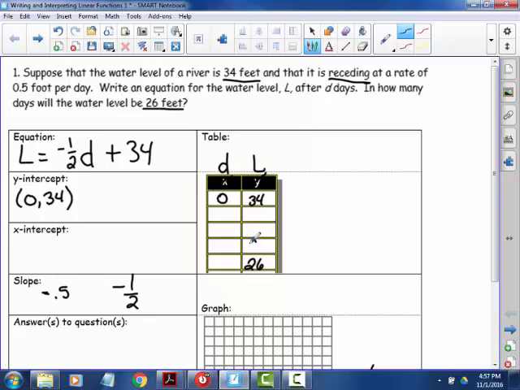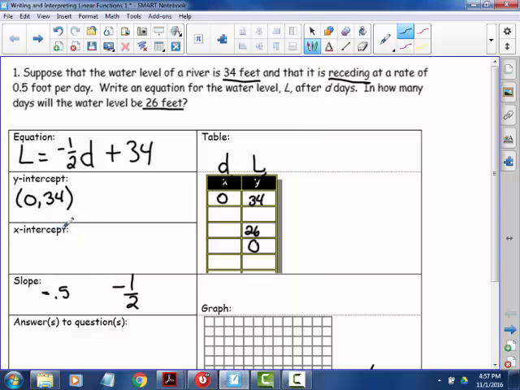That's going to be where the level is 0. Oh, well, that would be after that, so I probably should change that. Let's put 26 here and 0 there, and then we'll erase the old 26. We don't know the answers to those yet, but we know that those would be things we could put in our table, and then we could find some other points perhaps.